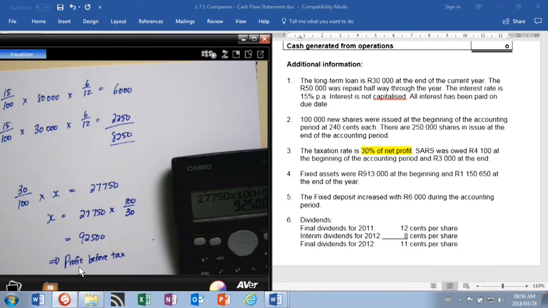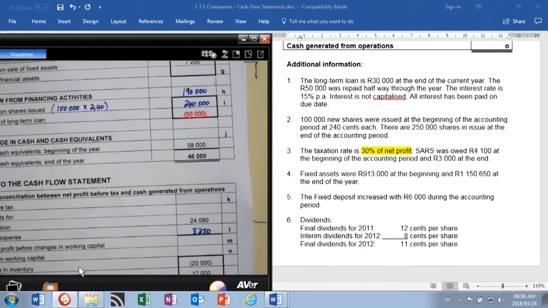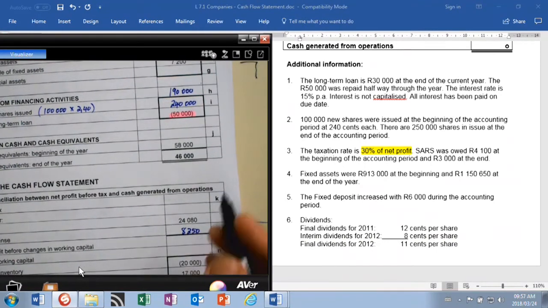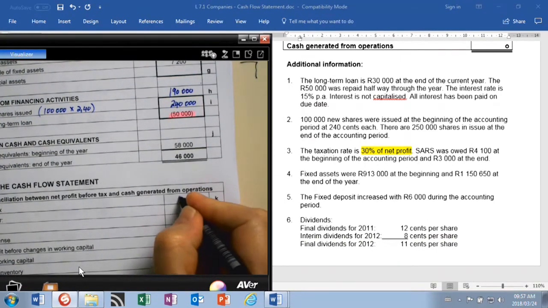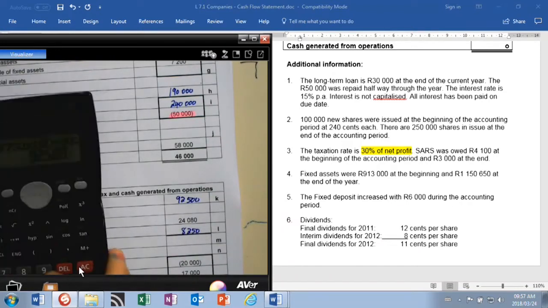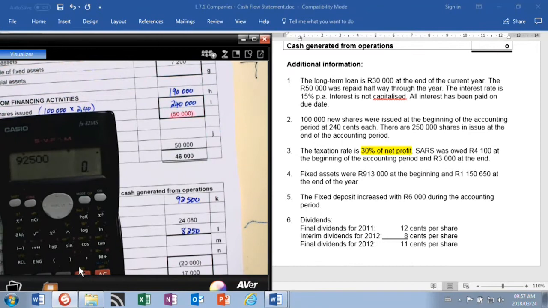Okay, so that we need in note 1, profit before tax, and that is 92,500. Let's start with the 92,500. We add 24,080 and we add 8,250, and that gives us 124,830.